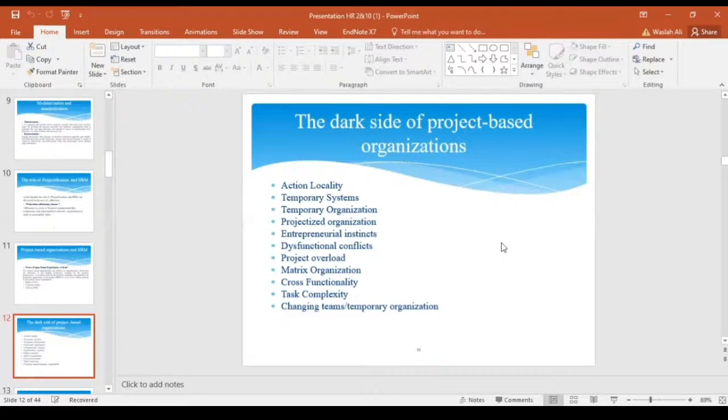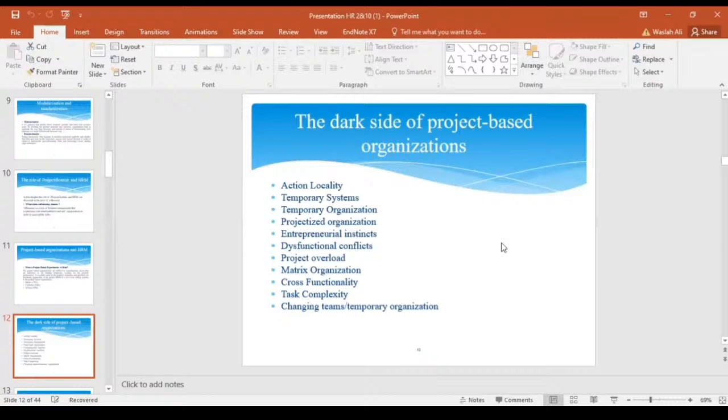Kenneth in 1978 found a higher level of role ambiguity, conflict, and overload in a temporary system that impacts the organization. Now I'm going to define projectized organization.